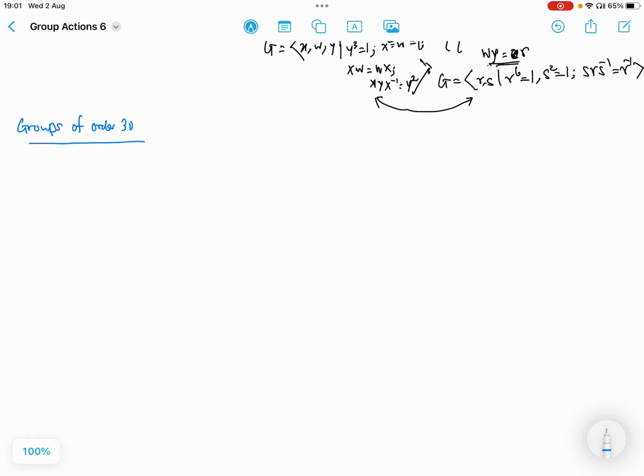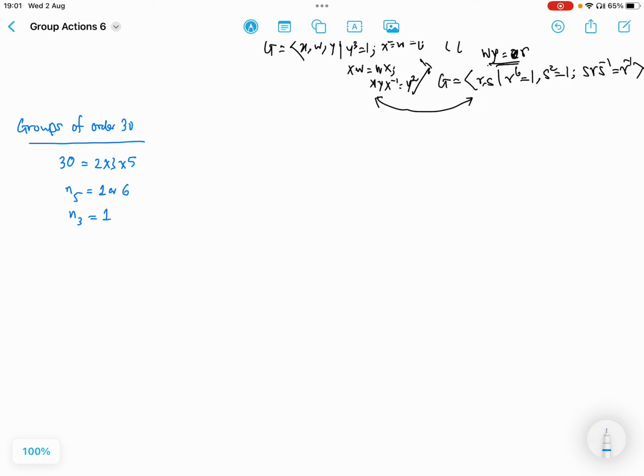Okay, so again, by the Sylow theorems, 30 is 2 times 3 times 5. So the number of Sylow 5 subgroups has only two choices, 1 or 6. The number of Sylow 3 subgroups, let's see how many choices.